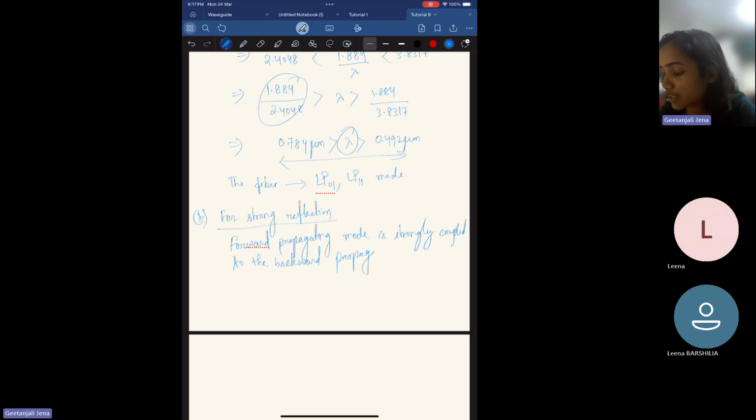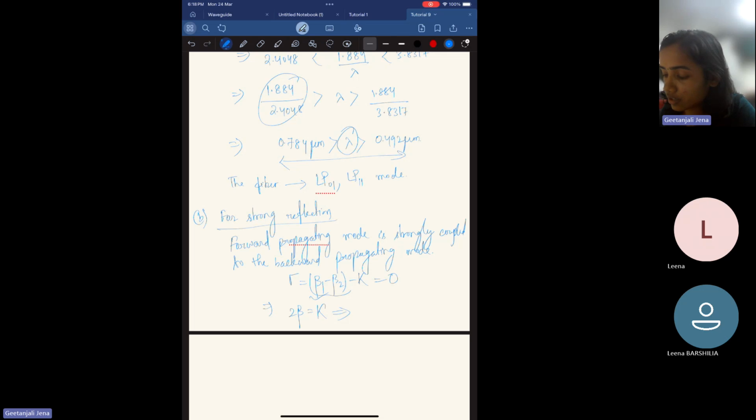So for that, we need the phase mismatch parameter, which if you recall the lecture, is gamma. So gamma is given by beta 1 minus beta 2 minus kappa. It should be 0. And when beta 1 equals beta 2, this is 2 beta, which should be equal to kappa.